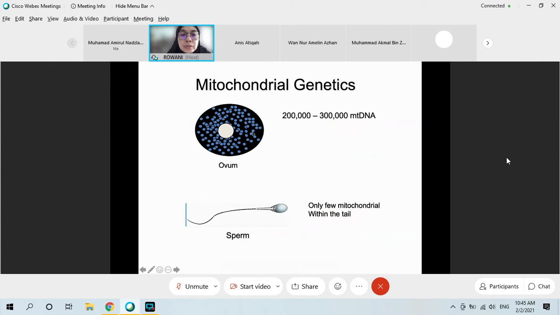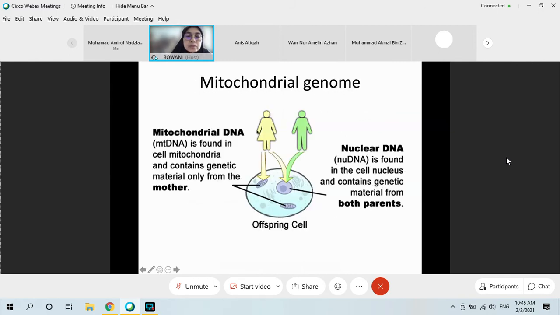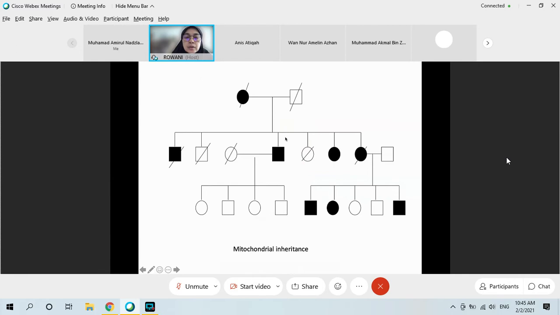During fertilization between ovum and sperm, the resulting zygote contains mitochondria that come from the mother, because the sperm contains only a few mitochondria, which is negligible. It doesn't contribute to the mitochondria of the zygote or fetus. So that's why mitochondrial inheritance is only from the mother.